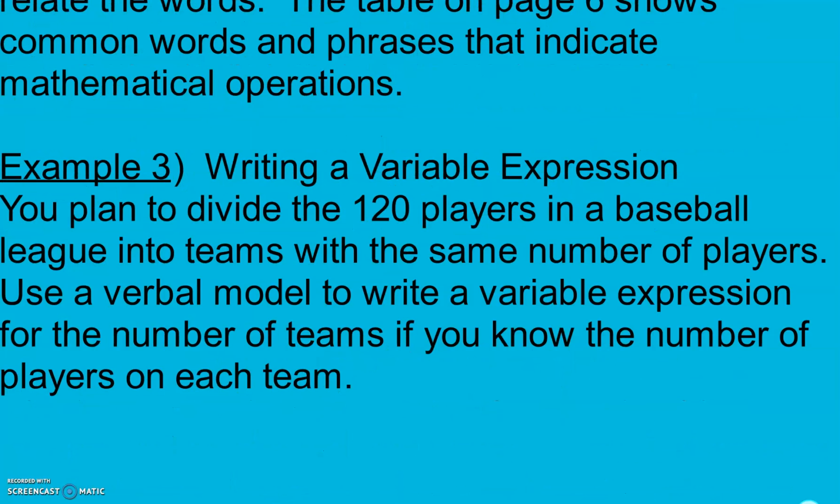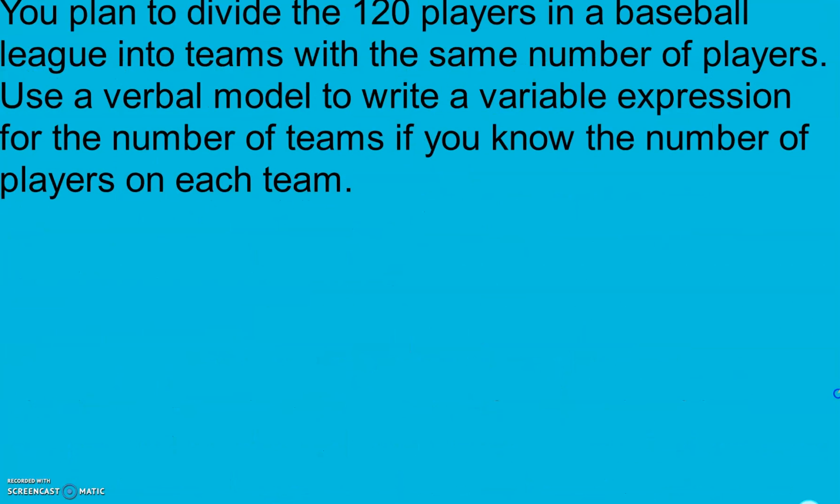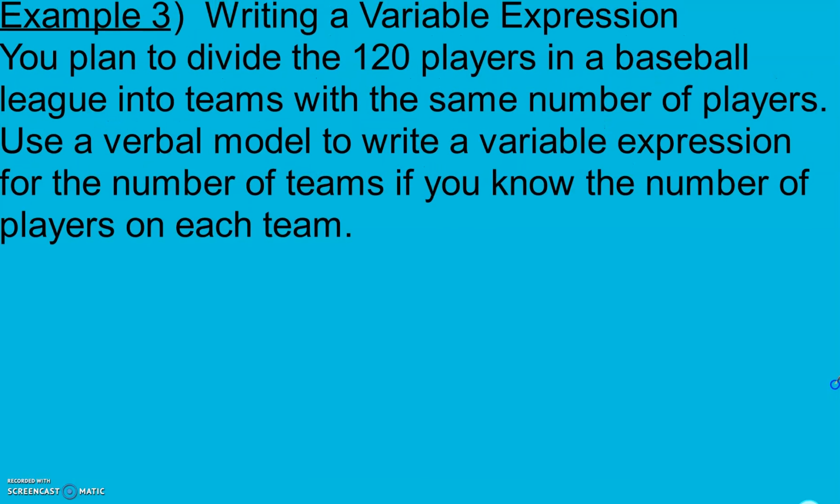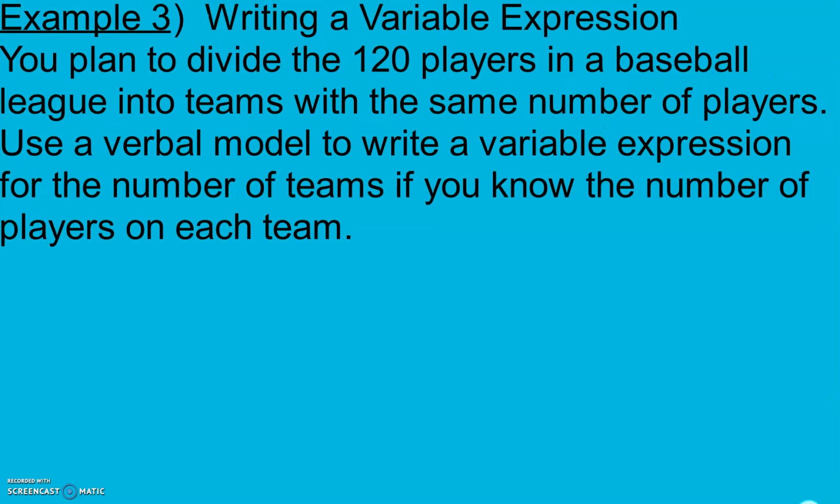Example 3 here is writing a variable expression. You plan to divide the 120 players in a baseball league into teams with the same number of players. Use a verbal model to write a variable expression for the number of teams if you know the number of players on each team. So here we're looking for the number of teams if we know the number of players. And it says we're going to divide the number of players into teams with the same number of players. So we're going to start off with the number of players.